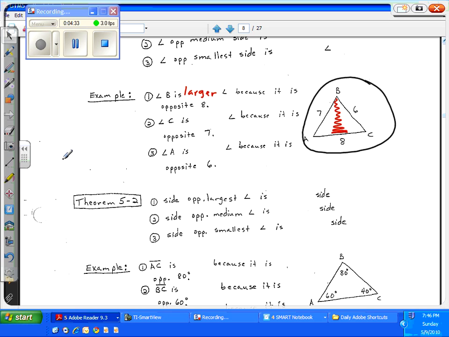And we could say that angle C is the medium size angle because it's opposite the medium size side of 7. And we could say that angle A is the smallest angle because it's opposite the smallest side of 6. So sometimes it's not going to be obvious with the eye which one is large, medium, small, so we're going to have to use the mathematical logic. Okay?